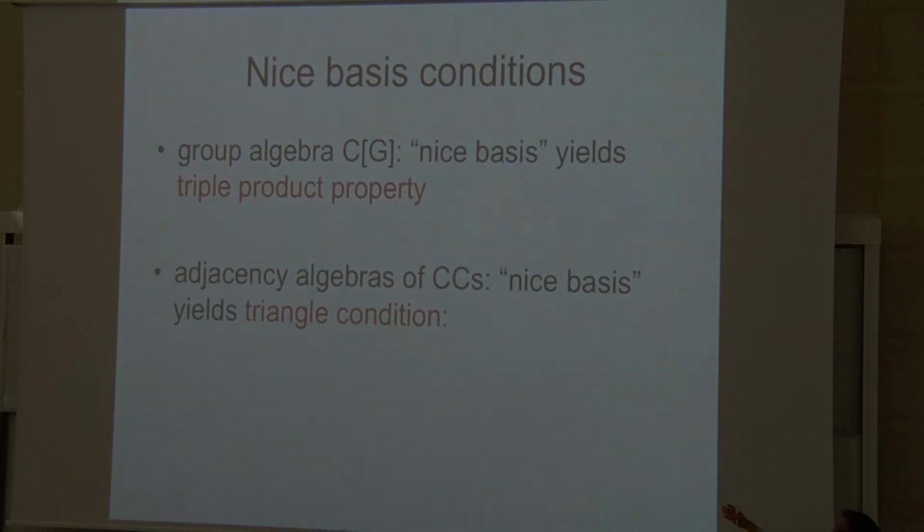The nice basis yields something like a triangle condition, which is a little bit like the triple product property, but not quite as pleasing, where you're interested in naming classes according to the entries of the first matrix, the second matrix, and the third matrix, and then a pair from one class, another class, and a third class should actually fit together in a triangle if and only if i is equal to i prime, j equals j prime, and k is equal to k prime. This is again something that you can start to think about if you look at examples of coherent configurations. You can start to think about whether the structure exists in there.